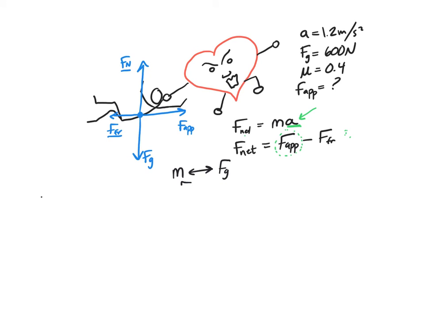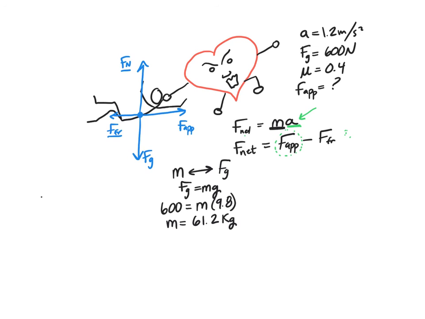And the equation that lets us do that is Fg is equal to mg. So force of gravity was given to us. It was 600 newtons. Equals the mass, which is what we don't know, times 9.8. So our mass is 61.2 kilograms. Mass is measured in kilograms.